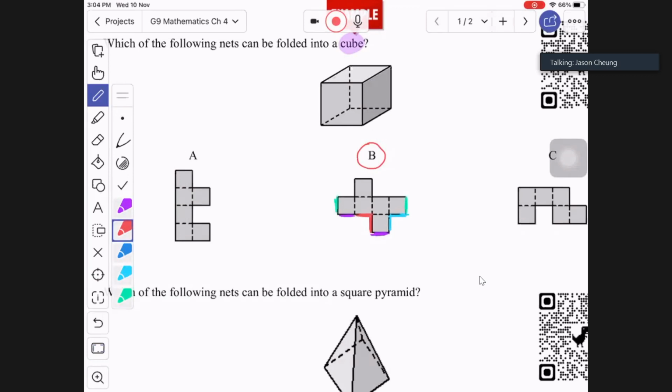And then these two will be together, these two will be together as well. And then finally, we can see that this one and this one will be together. So here we can see that the answer will be B, all right? Because it can be formed to become a cube.